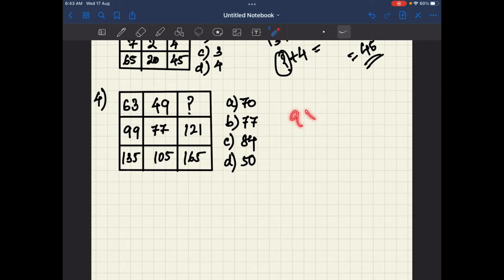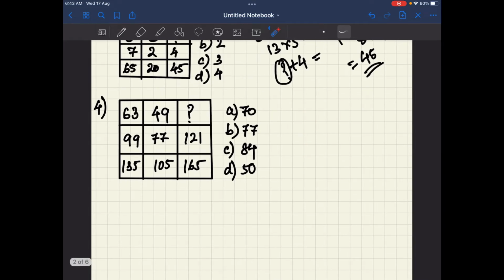So first it is getting multiplied by 9 into 7, 63, then 9 into 11, it is 99, then 9 into 15, it is 135. So first it is getting multiplied by 7, then 11, then 15.